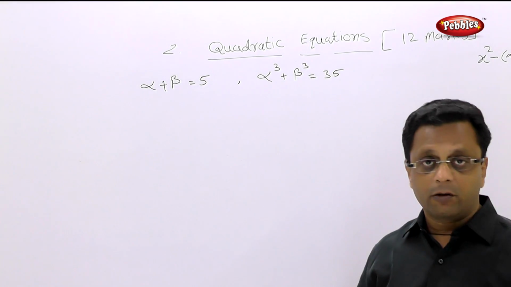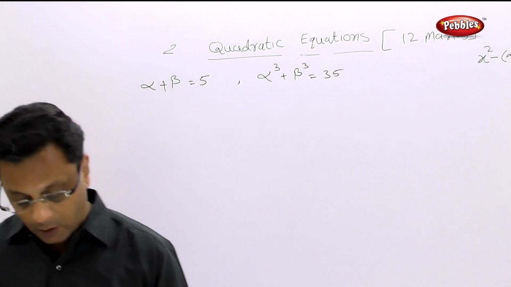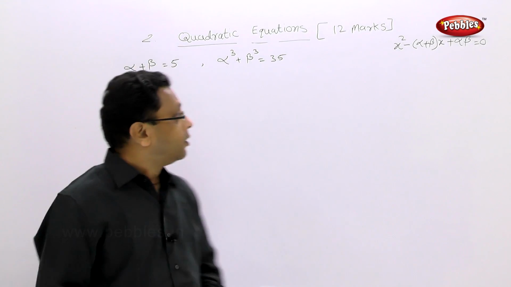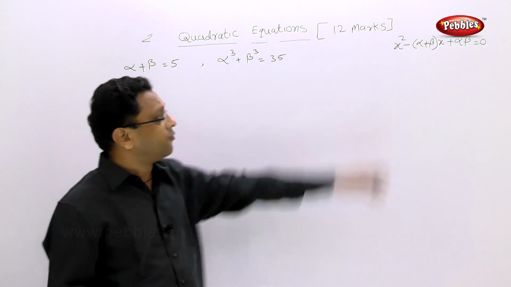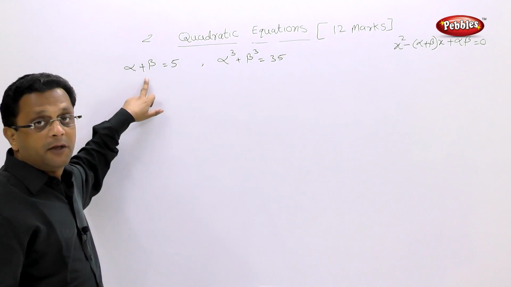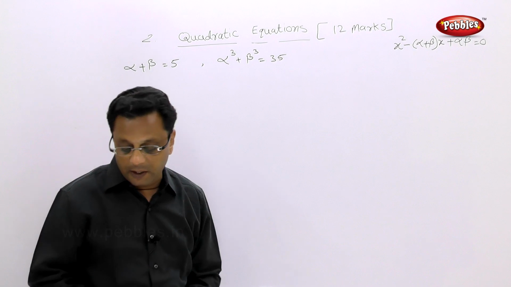And we have to find the quadratic equation whose roots are alpha and beta. How will you do this? We should know alpha plus beta and alpha beta. Alpha plus beta आपल्याला माहिती आहे. Alpha beta आपल्याला माहित नाही आहे, जो आपल्याला काढायचा आहे.